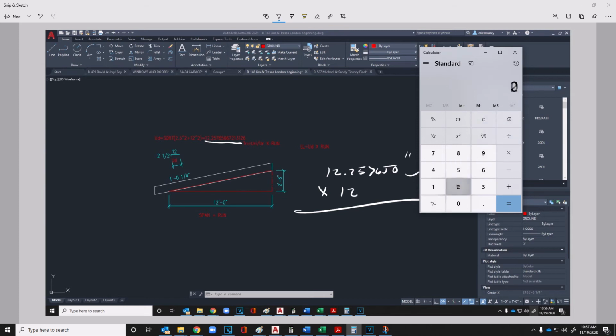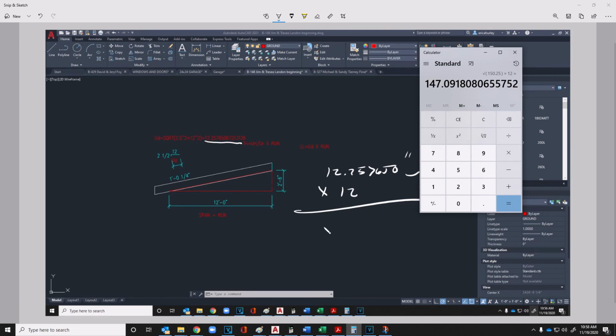Let's try it again. 2.5 squared plus 12. I see what I'm doing now. 2.5 squared plus 12 squared equals square root, which is that number. Thank God I got it right. Times 12 equals this big long number here.